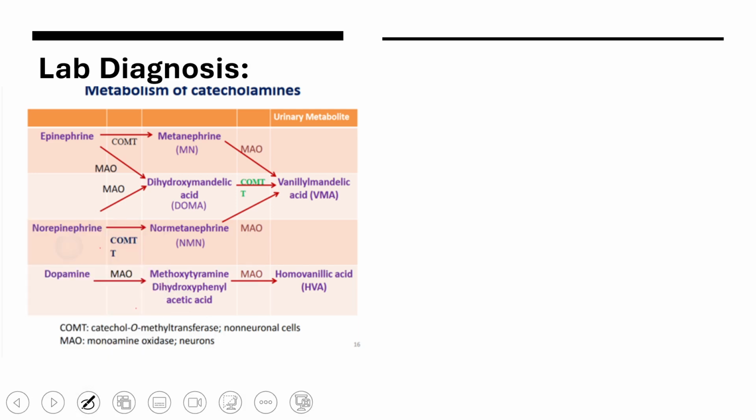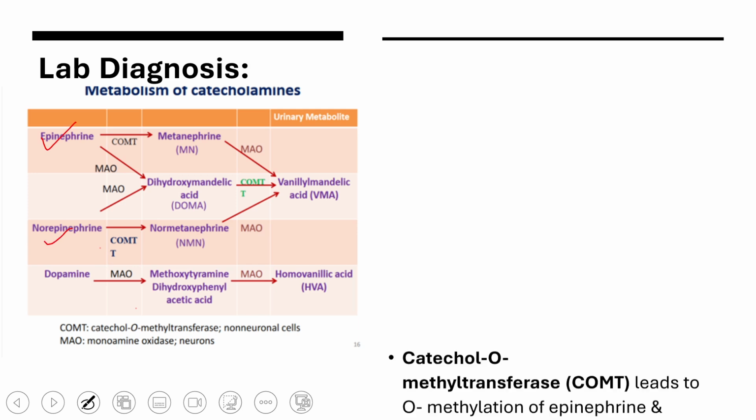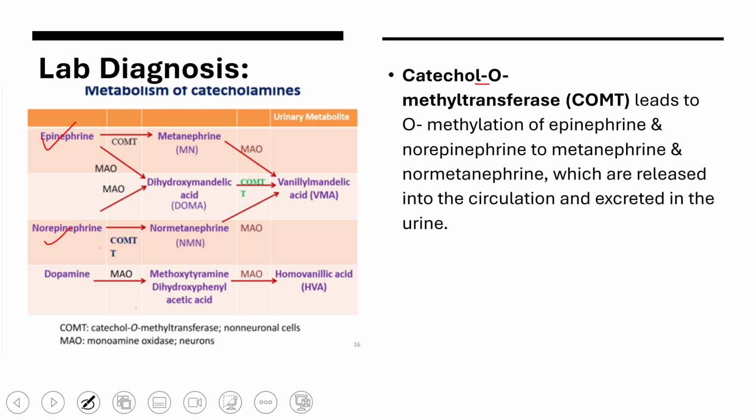Here we can see that epinephrine and norepinephrine, with the action of this catechol O-methyl transferase, leads to the O-methylation of the epinephrine and norepinephrine to metanephrine and normetanephrine, with the help of this catechol O-methyl transferase. And once this gets converted to the metanephrine or normetanephrine, then with the action of the monoamine oxidase, that gets converted to the vanillylmandelic acid.